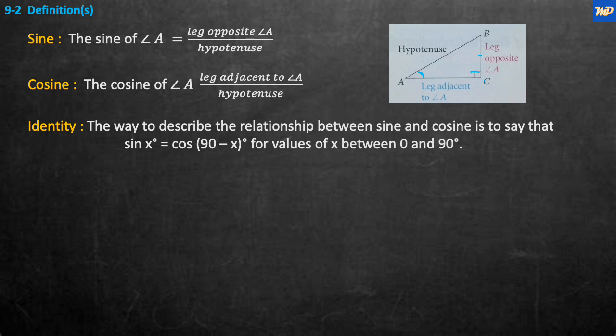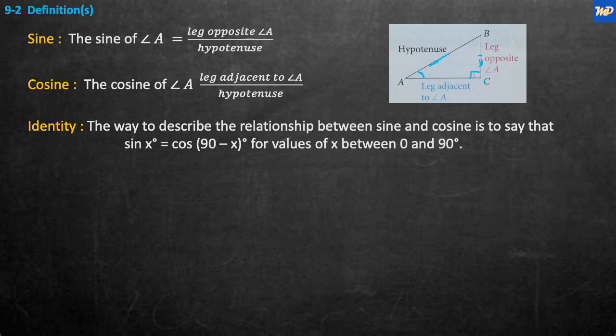C in this case is 90 degrees, so the hypotenuse is the side opposite that. So the sine of angle A is the leg opposite A divided by the hypotenuse. So it's BC divided by BA.